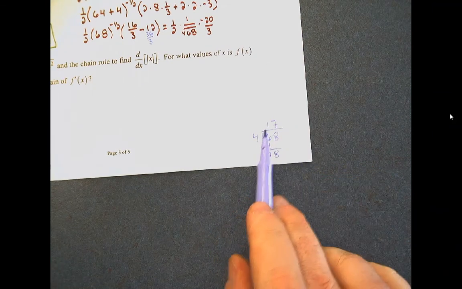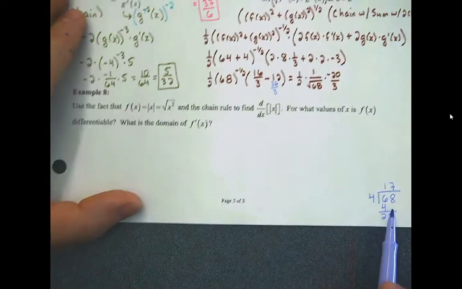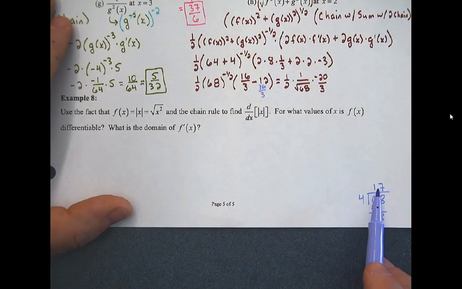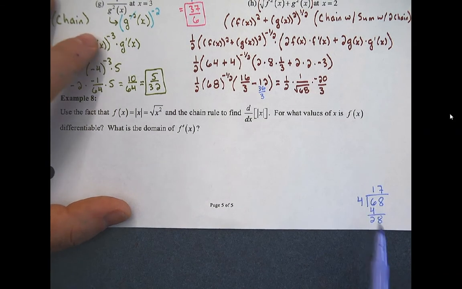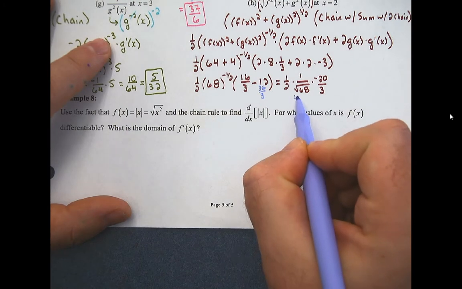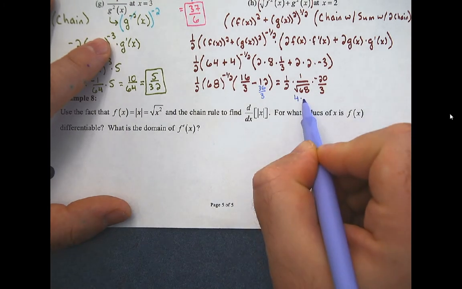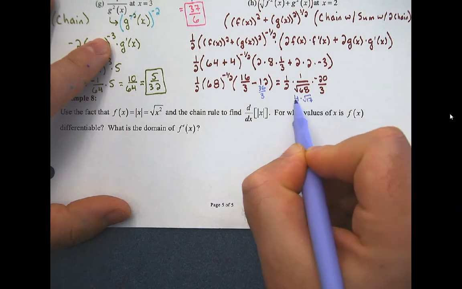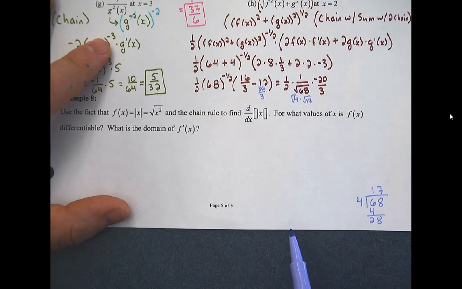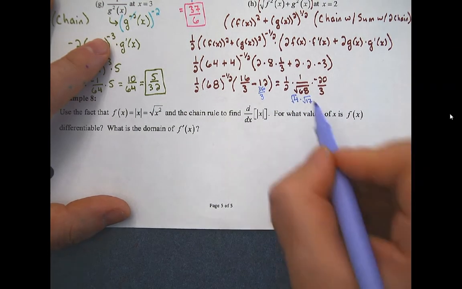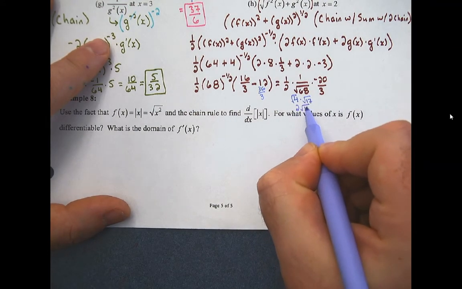Nice. Oh, even extra nice, because that means that's a 17, which is prime. So 4 is the only perfect square that goes into 68 because we got a prime number. So I can rewrite this as the square root of 4 times the square root of 17, which ends up being 2 square roots of 17.